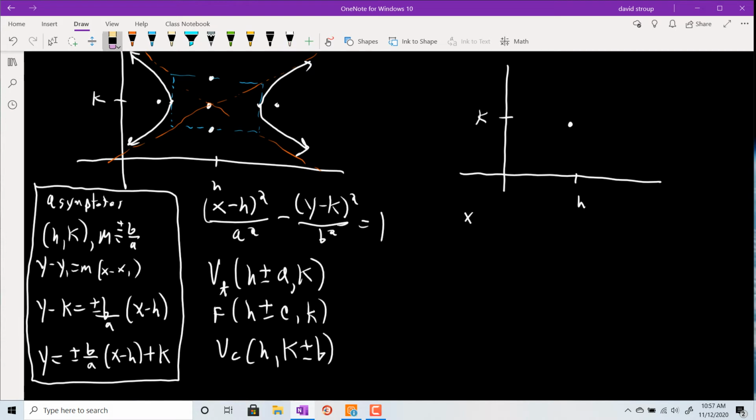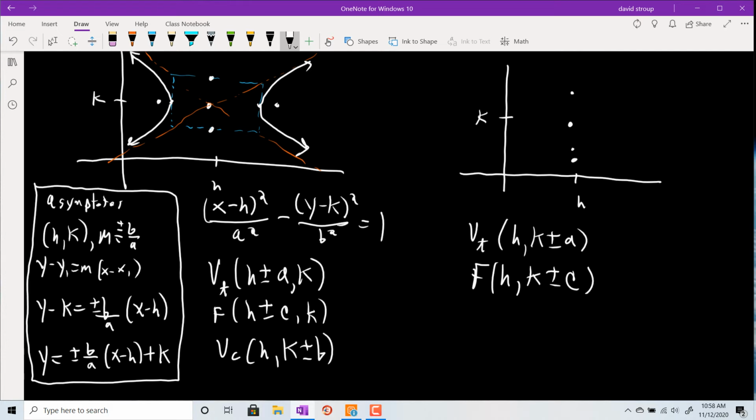For this orientation, the vertices, stupid pen. Okay, so the transversal vertices, you have to move up and down to get to them by a, right? So those are going to be h comma k plus or minus a. Then the foci, h comma k plus or minus c, right?